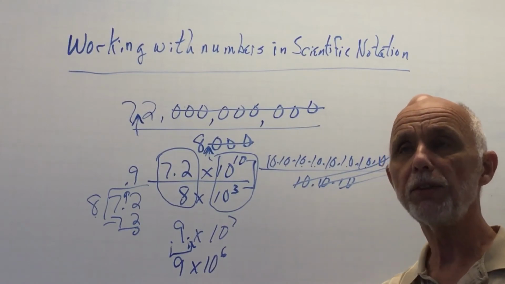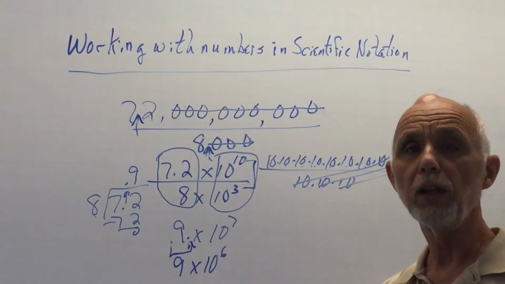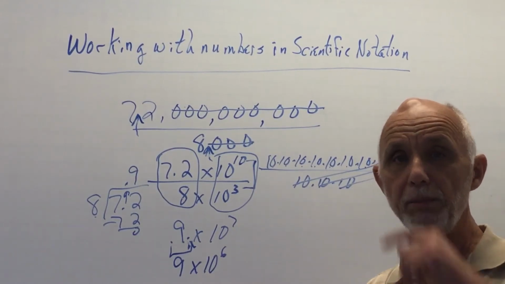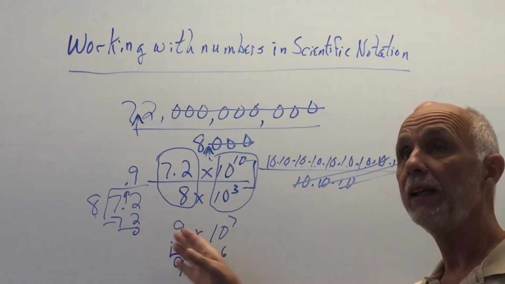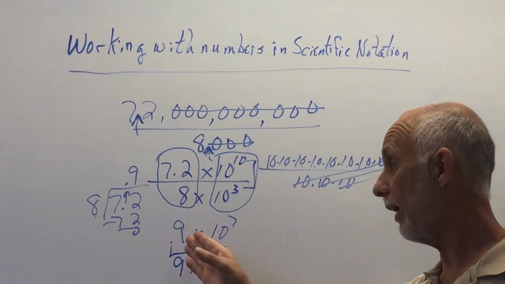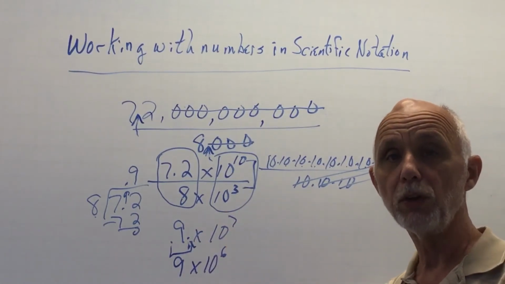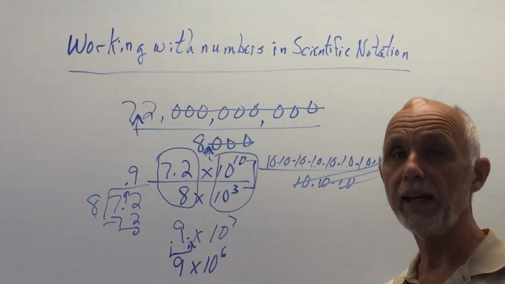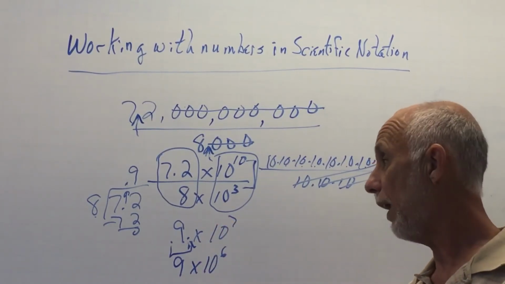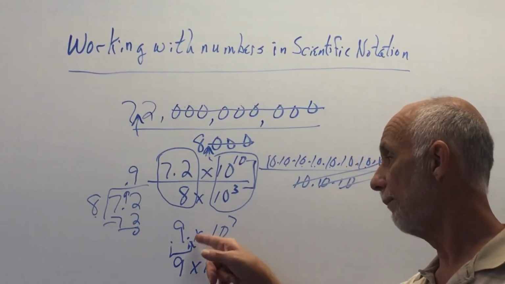And you might say, but Mr. Adu, last time you raised the exponent, you didn't lower it. That's right, because last time I moved an extra place to the left, so I had to add a place. This time I moved a place to the right, so I had to take away a place. And I told you when we were talking about multiplying, the way you can tell whether you have to add or subtract is you can look at the number.